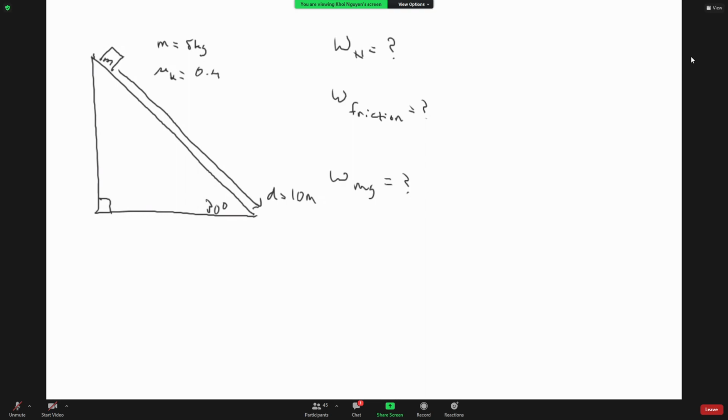So, work done by normal force, work done by friction, work done by the weight. Mu k is equal to 0.4. So coefficient of kinetic friction is equal to 0.4.